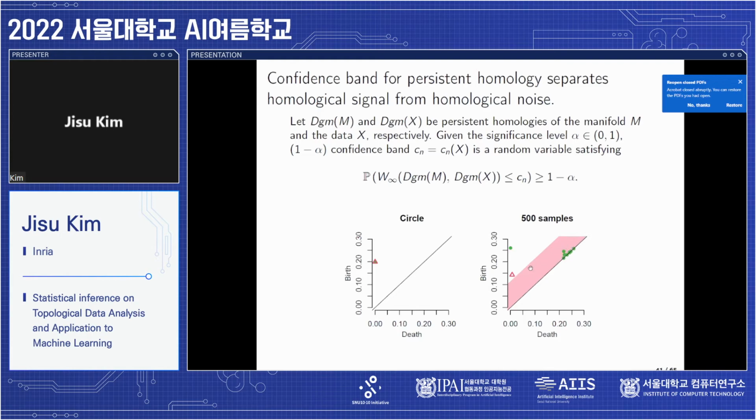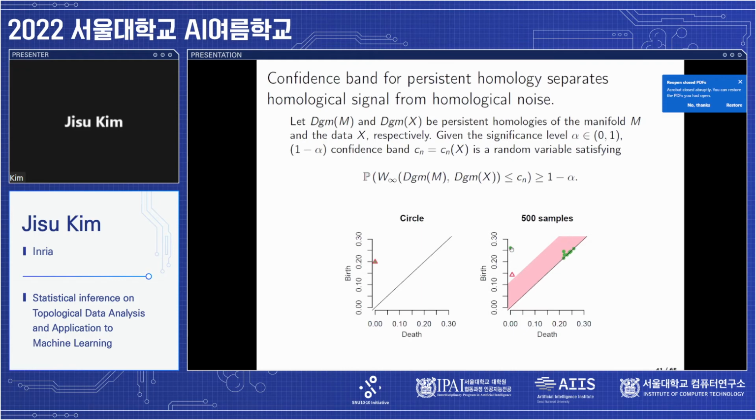So in that sense, here, for example, C sub n was 0.05, and you draw the line that is vertically 2 times C sub n from the diagonal line, so here vertically 0.1 from the diagonal line.